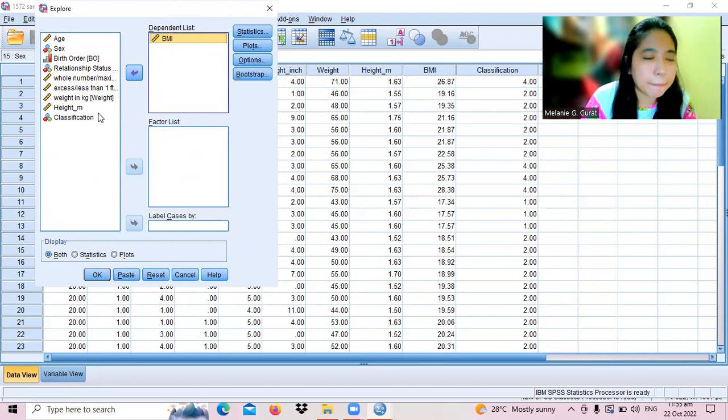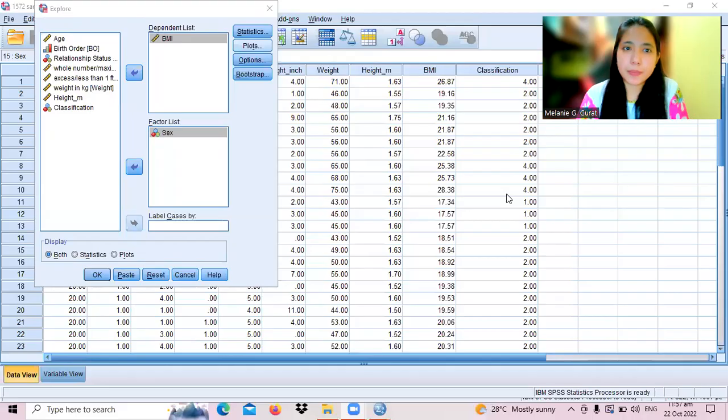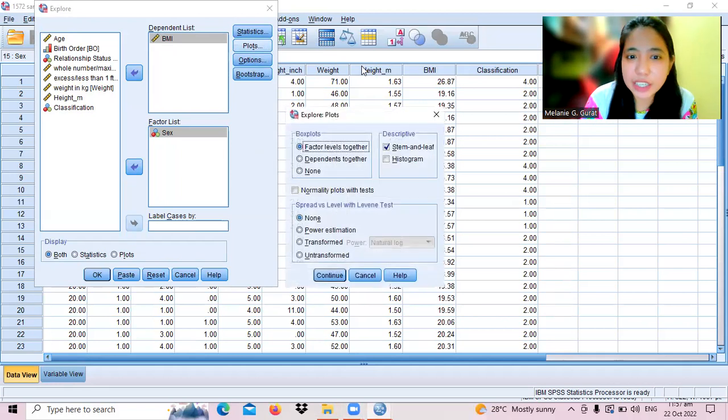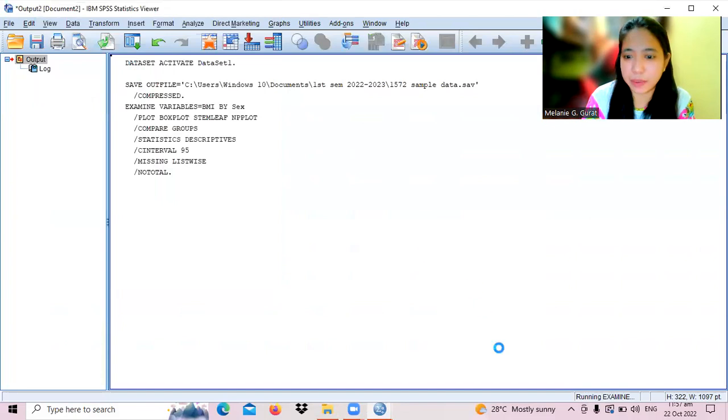Then for the factor list, we will be placing sex, since this is where we place our grouping variable. Next, click Plots and then check normality plots with tests. Then click Continue and OK.